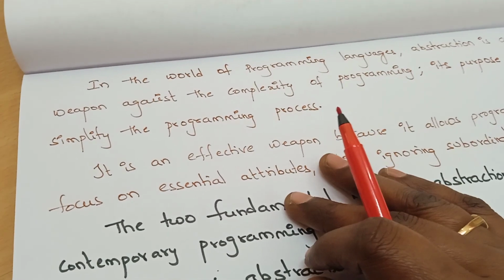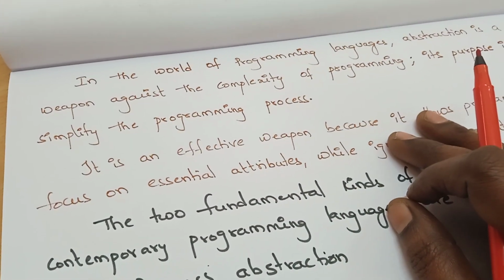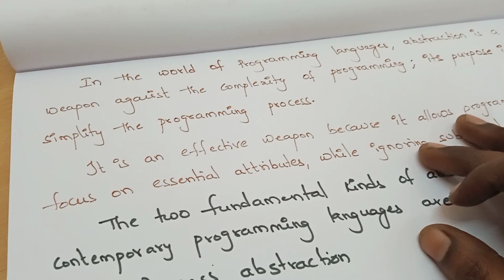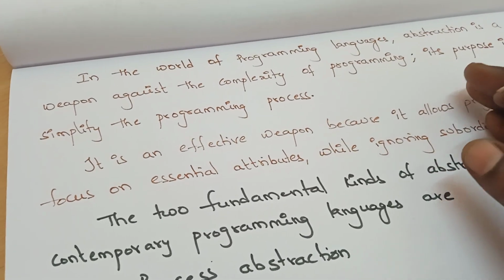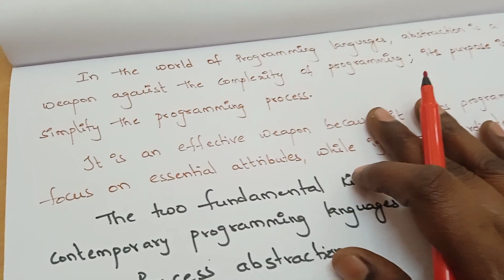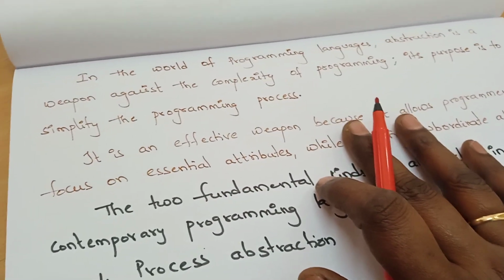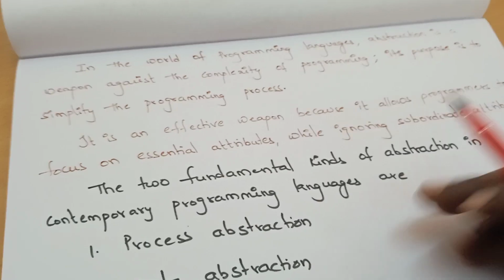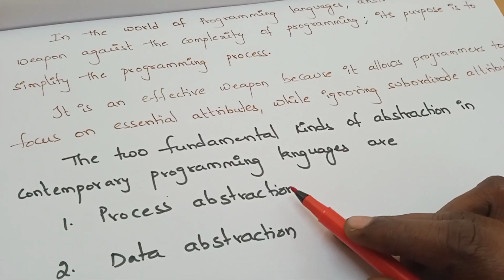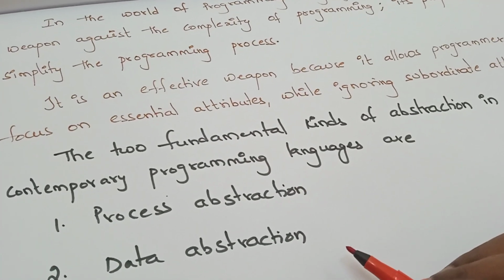But when you take abstraction into consideration, we will not write all the attributes. So that is what abstraction is, a weapon against the complexity of programming. Its purpose is to simplify the programming process. We have two kinds of abstraction, which are process abstraction and data abstraction.